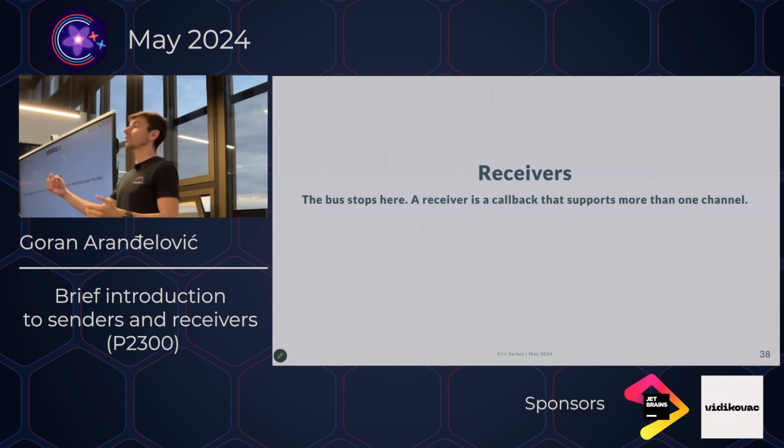There were a lot of talks even before the sender-receiver proposal about async destruction of the objects and whatnot. So async scope tends to be something like that. So if you can contain some async tasks within some enclosing task, then you should do that.